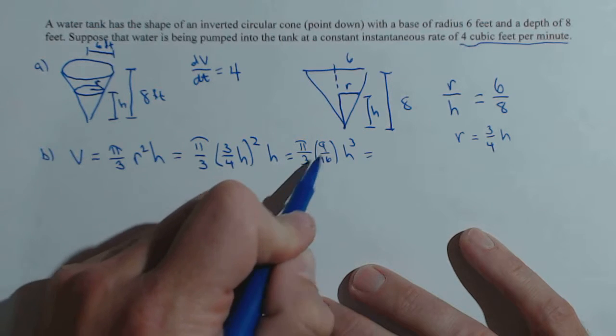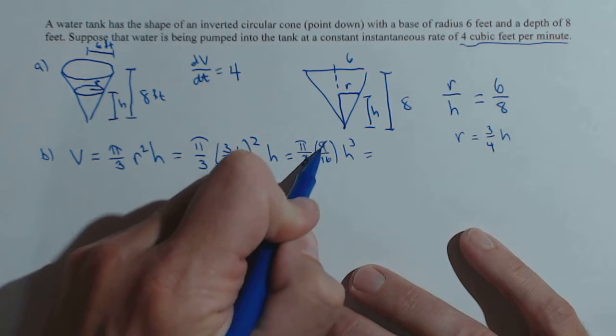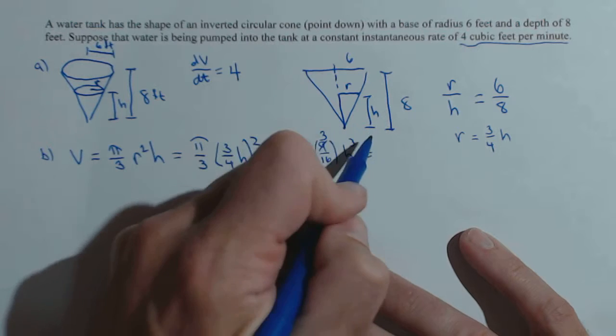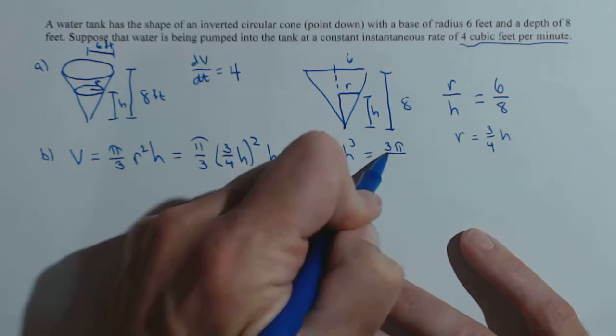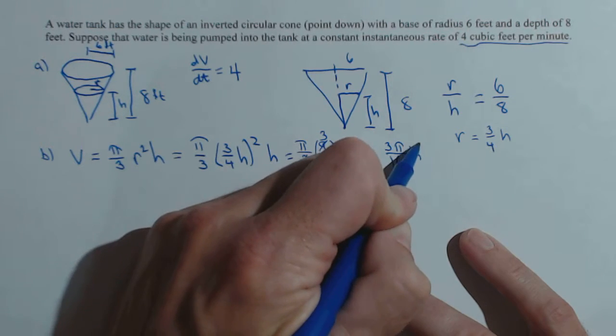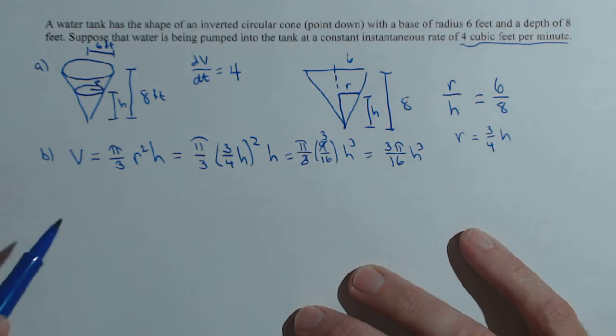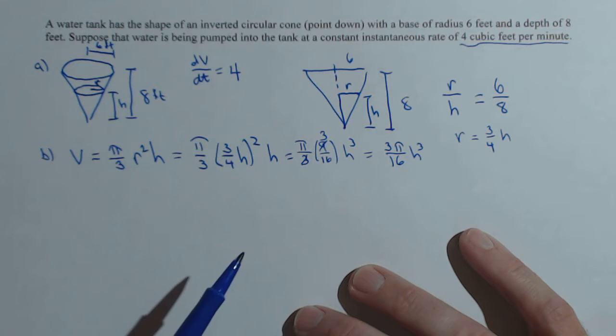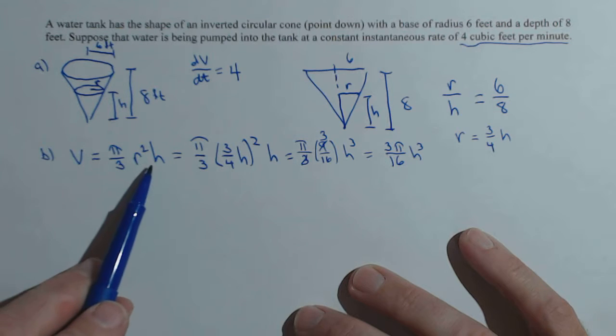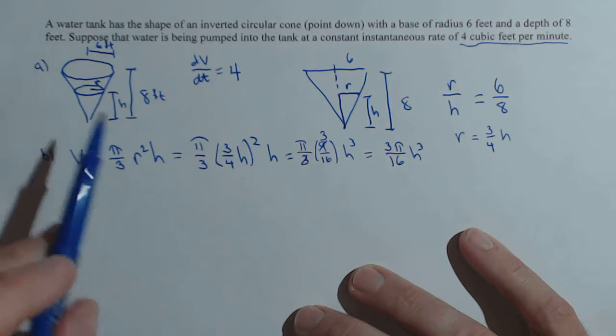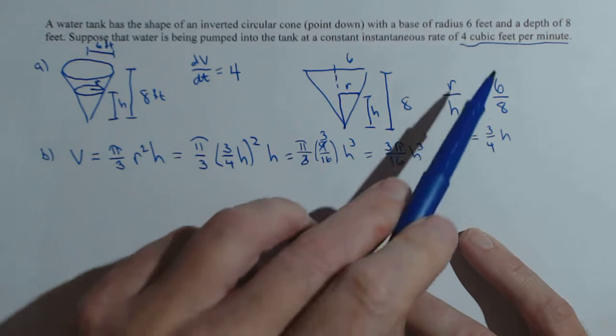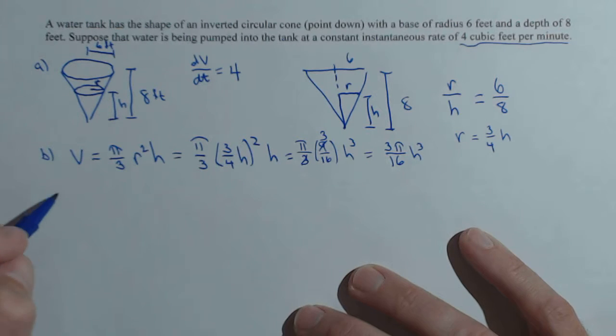Do one more step of simplification because I'm going to cancel the 3 out of here. And we're going to rewrite this as 3 pi over 16 h cubed. Alright, so now we have volume as a function of height only, instead of being a function of radius and height. Because of the similar triangles, this relationship will always be true.